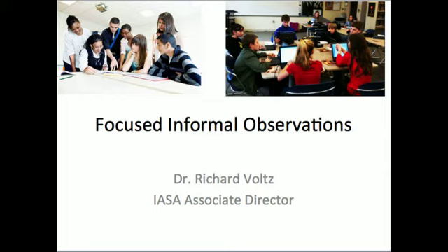Informal observations using my methodology are defined as the following. The evaluator decides ahead of time what will be the focus of the observation and mainly records evidence of that domain and component only.